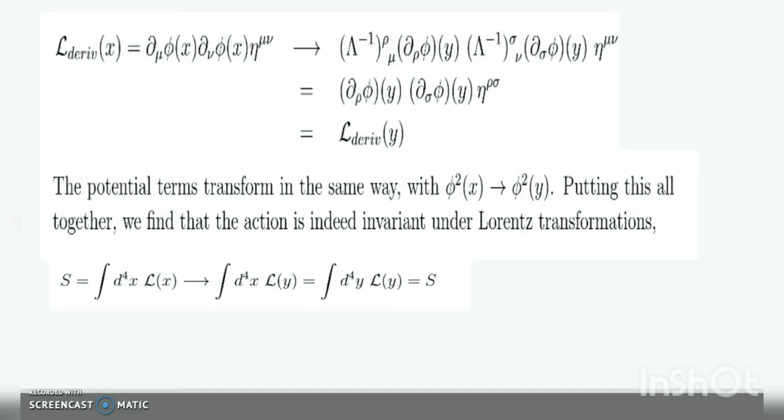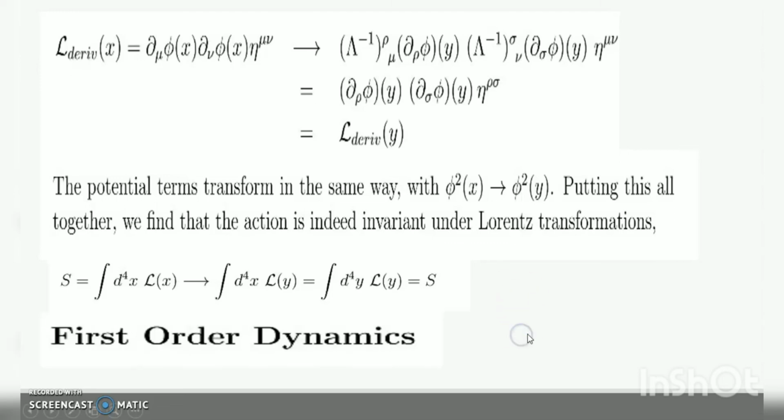This follows because det Lambda is equal to 1, at least for the Lorentz transformations connected to the identity, which for now is all we deal with.